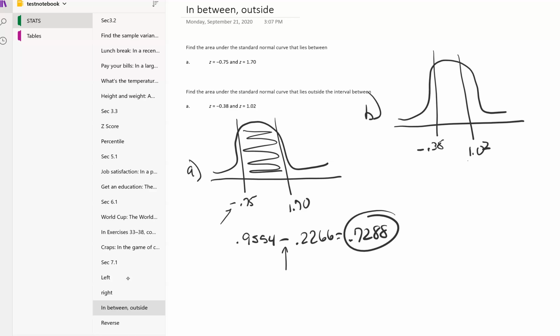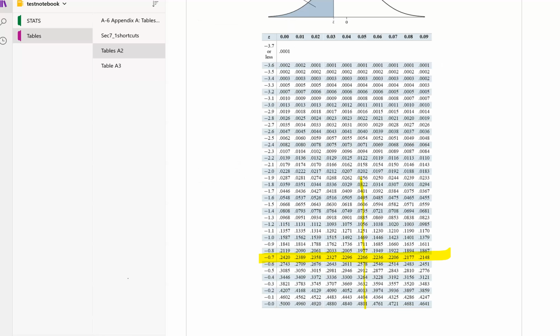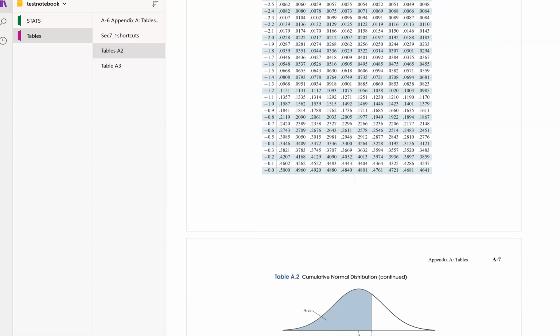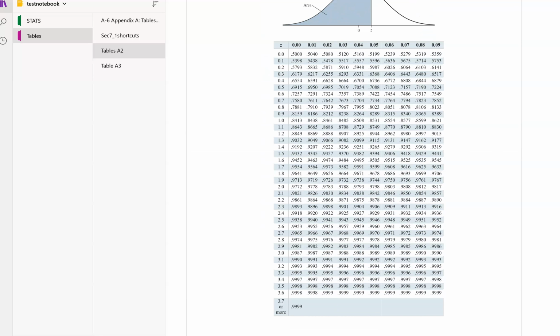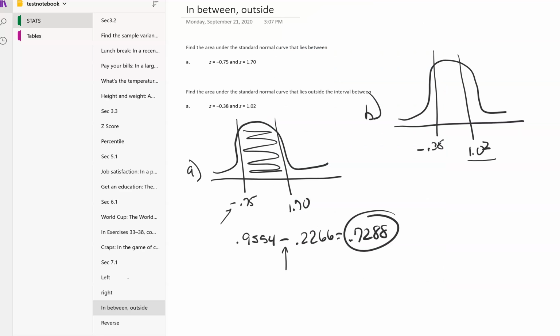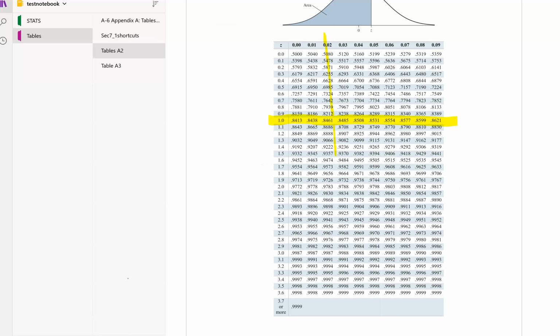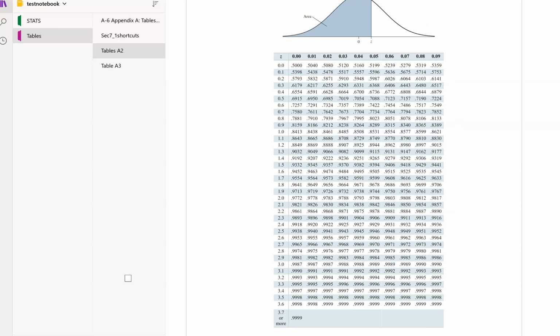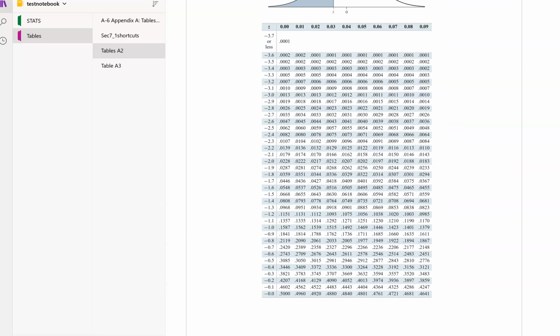Same thing here. So I'm going to look up 1.02 first. So 1.02, that's here, and 2 is here, so 0.8461. And I'm looking up a negative 0.38.